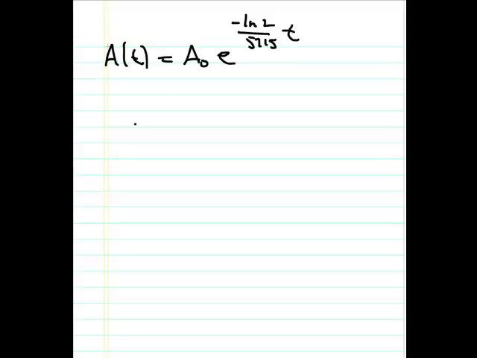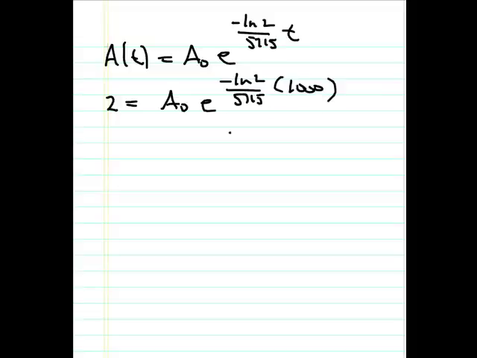Now, in order to find the initial amount, we still don't know that, we're going to take the amount present after 1,000 years, which we are told is 2 grams, is equal to A0 e to the negative log 2 over 5715 times 1,000.